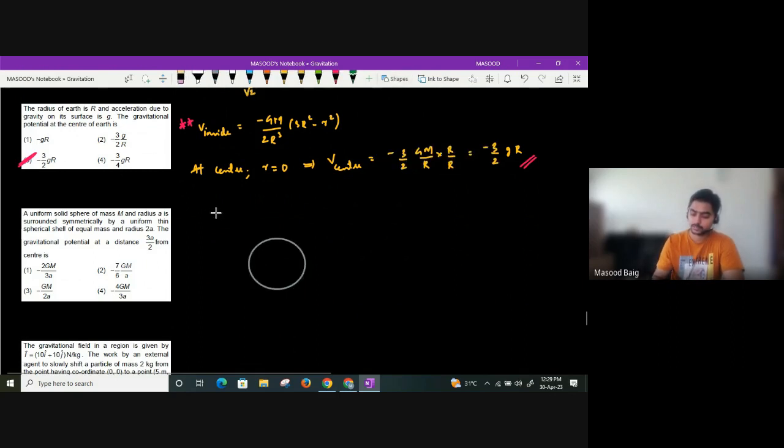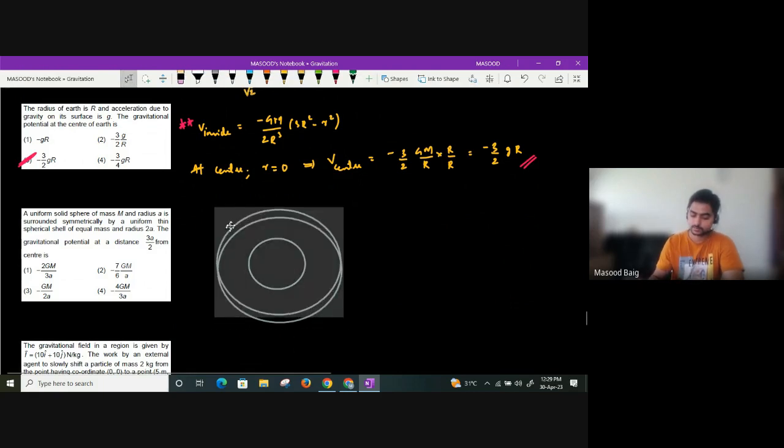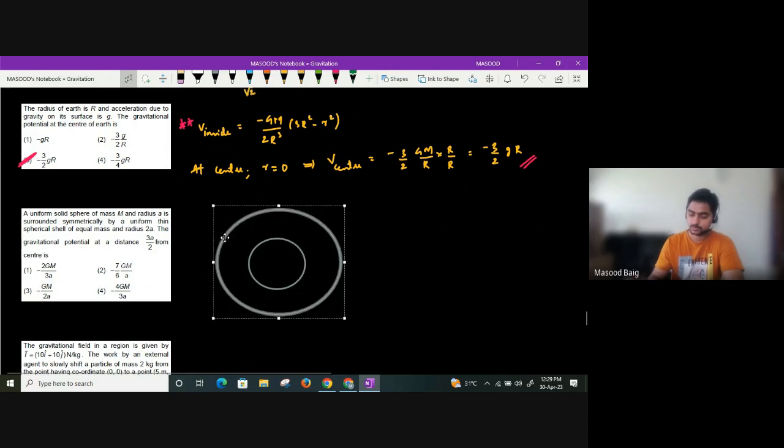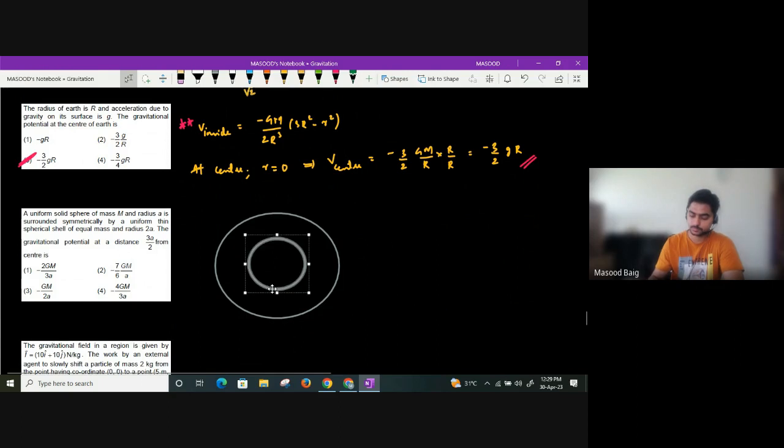The other that they have given is a spherical shell, guys. Yes or no? So as you can see in this situation, inside one is a solid sphere, beta. The whole mass will be distributed in its volume.